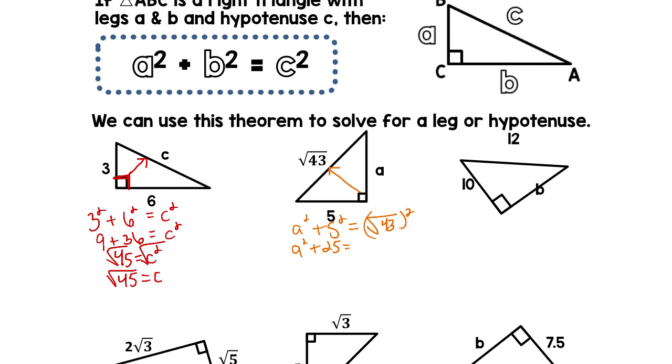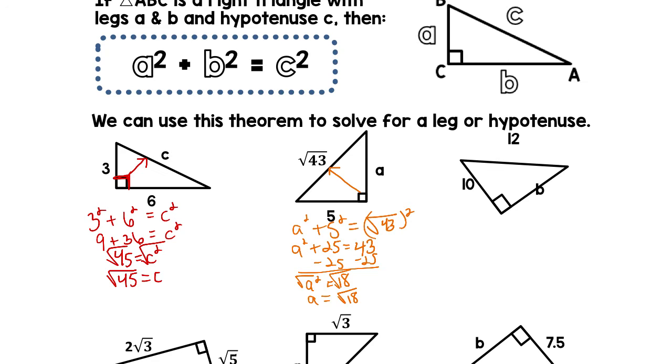And the square of something under the square root cancels everything out, and we're only left with what's underneath. So that's 43. Now I can subtract 25 from each side. And we get A squared is 18. To get rid of the square, take the square root, and A is the square root of 18.